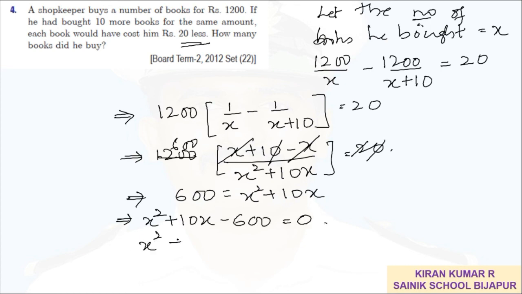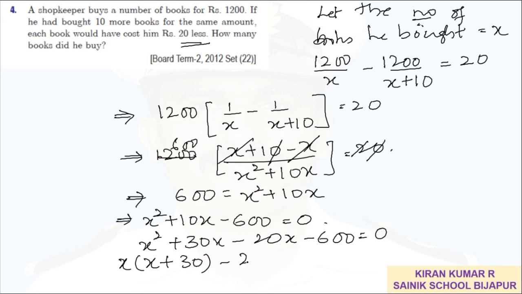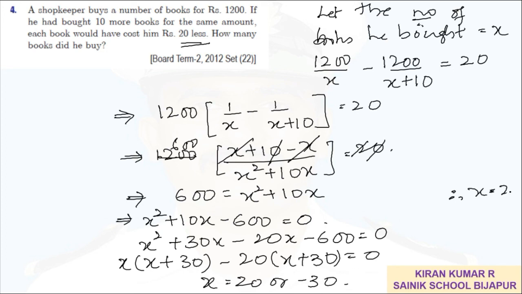If you look at the combination 30x and minus 20x, it would suit the sum and the product. So (x plus 30)(x minus 20) equal to 0. The x value is positive 20 or negative 30. The number of books cannot be negative. Therefore, the value of x should be considered as 20.